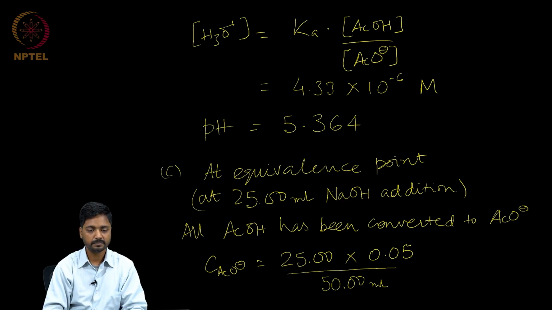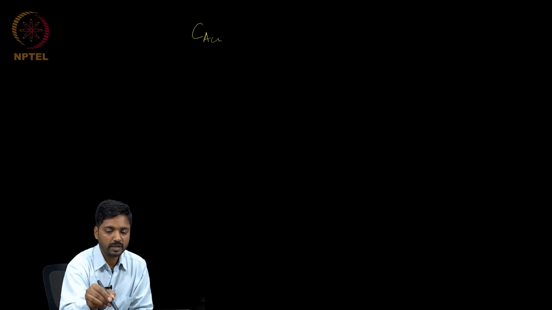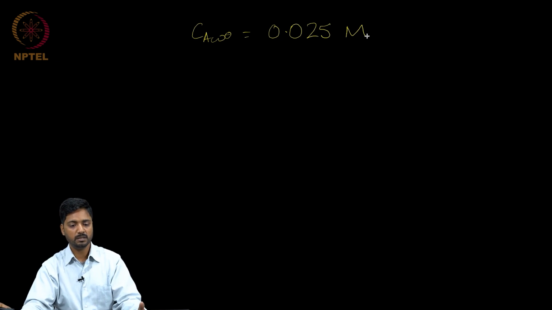This solves to the concentration of acetate anions being equal to 0.025 molar, because the volume is doubled, the concentration is halved.